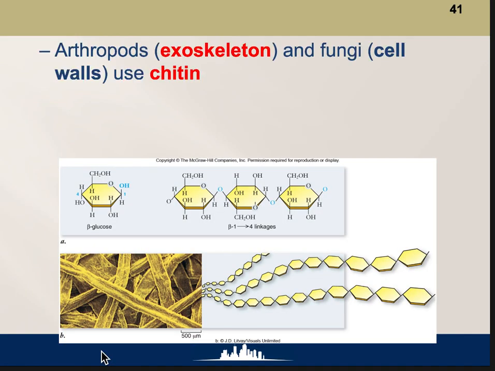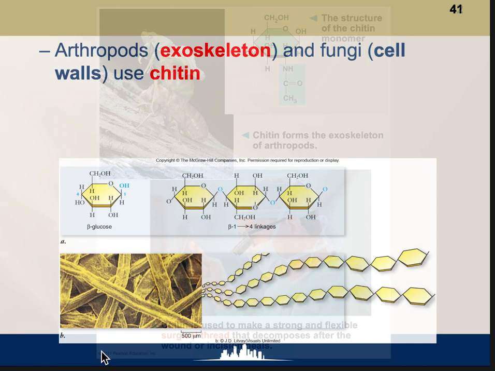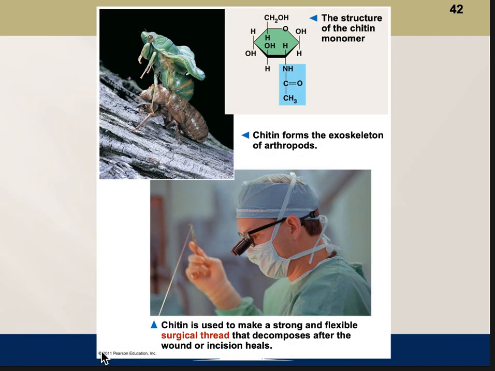And then we have arthropods that have this exoskeleton, and fungal cell walls that use chitin. Chitin helps form the exoskeleton, so you can see how that's what they shed. And chitin is also used for surgical thread.